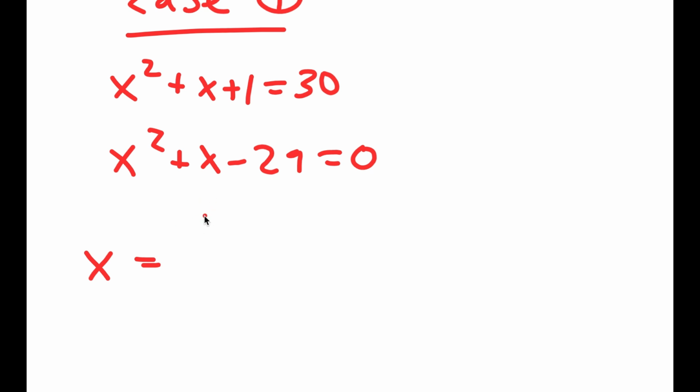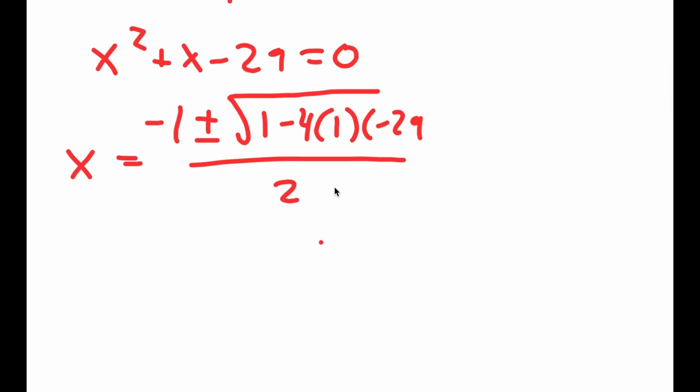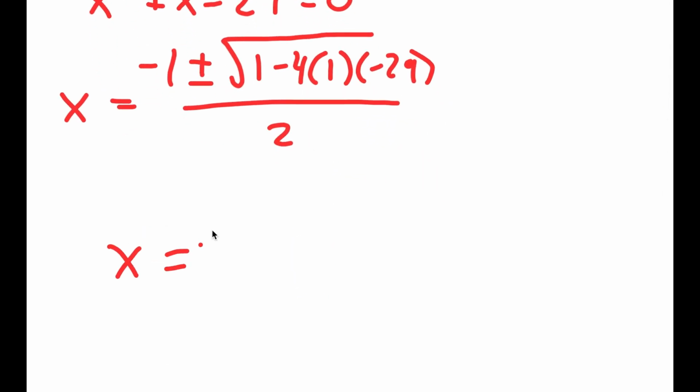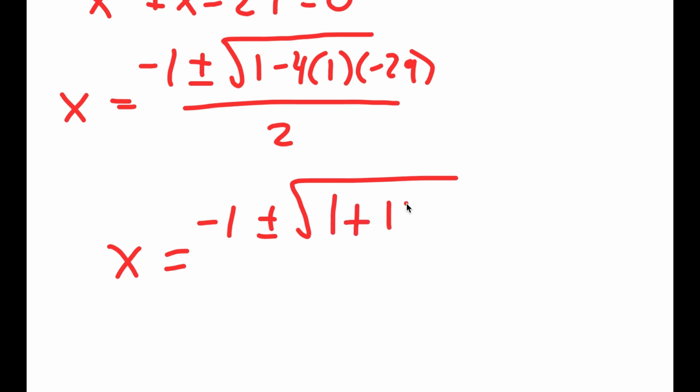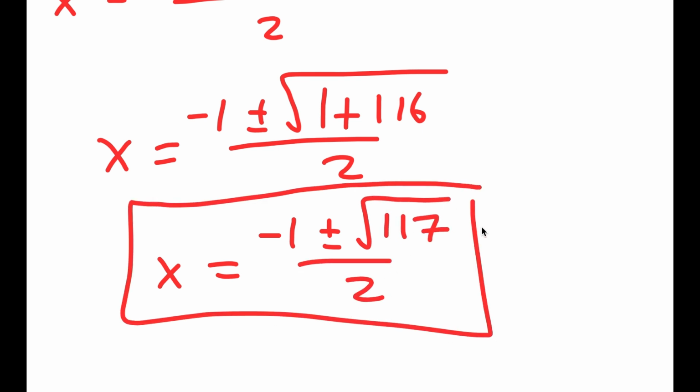So I get x is equal to negative 1 plus or minus the square root of 1 squared, which is 1, minus 4 times 1 times negative 29, all over 2a, which is 2. And now this is equal to negative 1 plus or minus the square root of 1 plus 116, over 2, which is negative 1 plus or minus the square root of 117, over 2. So these are two solutions of x.